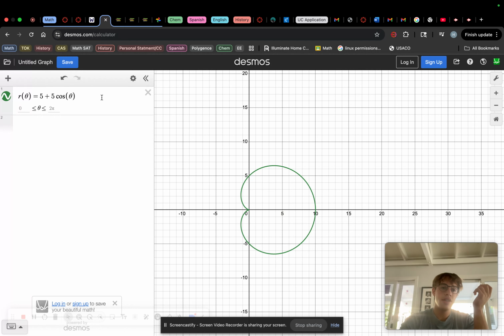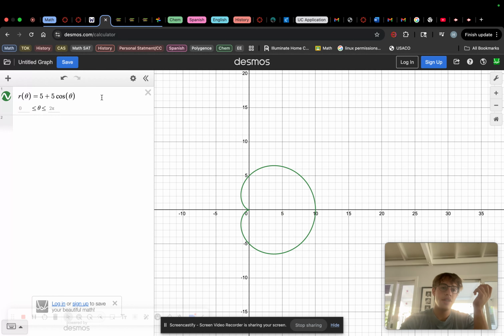So let me solve this. Theta equals 0, 2 pi. So those are our bounds here.